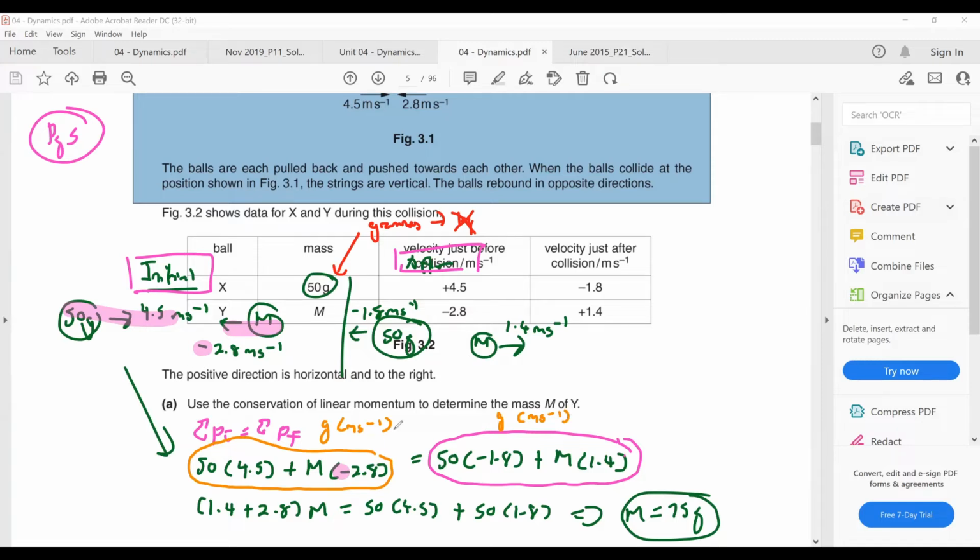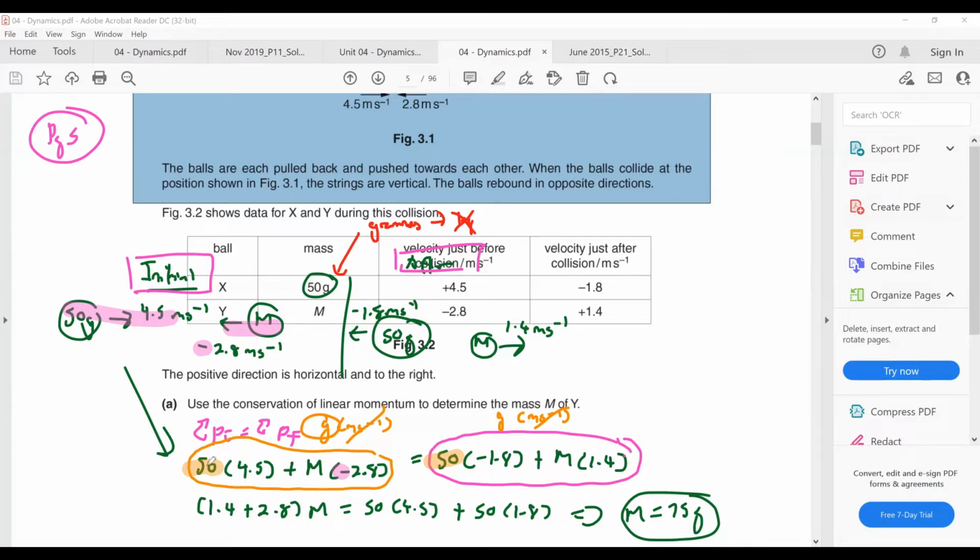So what I realized was that the meter per second here will actually cancel off. Eventually, whatever mass that I have will just be in grams. That's the reason why I just left the values here in grams instead of changing it to kg.